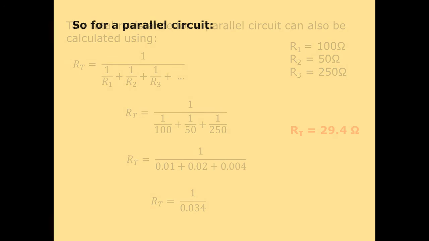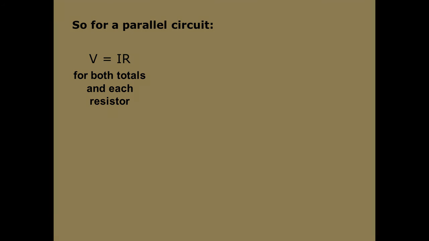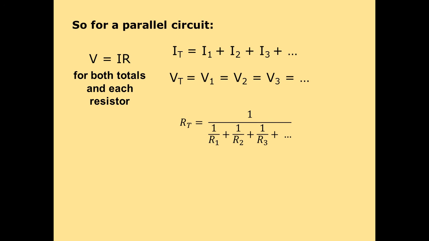To recap, for a parallel circuit in general, you can use Ohm's law, V equals IR, either for the entire circuit altogether or to dive down into any individual resistor, just like we did in a series circuit. And then there's a rule of thumb or an equation for each of those three things. IT is going to be the sum of the added up currents in all the branches. The total comes from all the pieces added together.